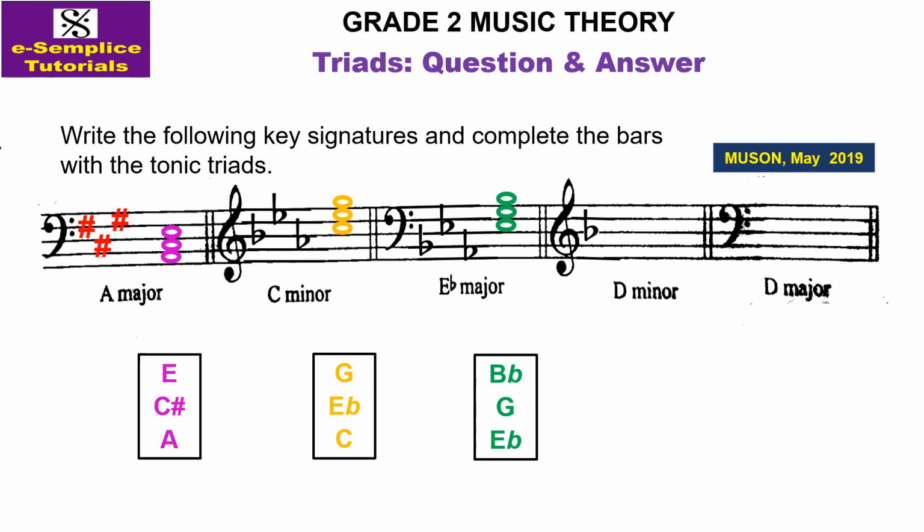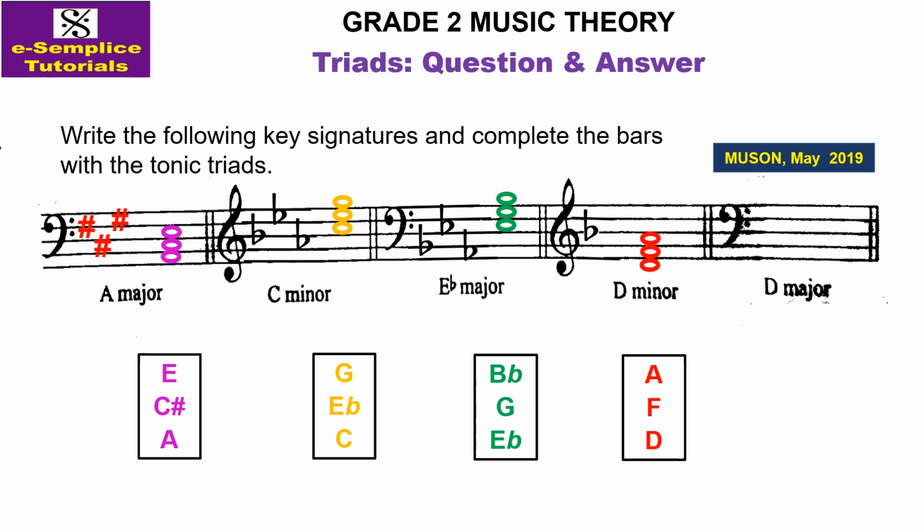The 3 notes that will form D minor tonic triad will be D, F, and A. Let's put that on the staff. D, F, A.